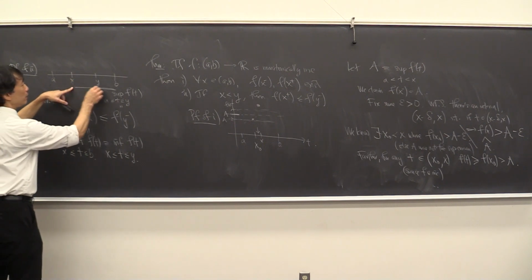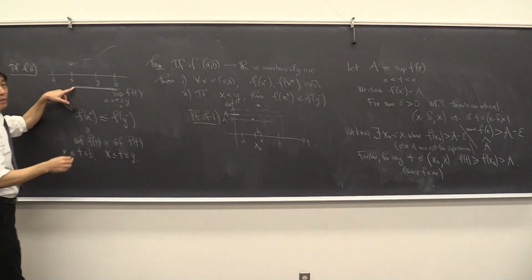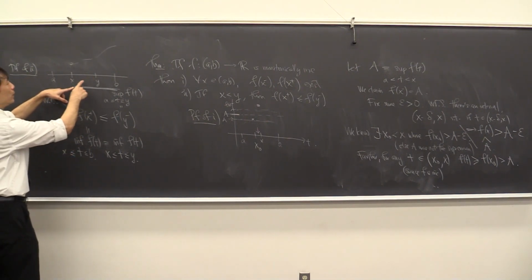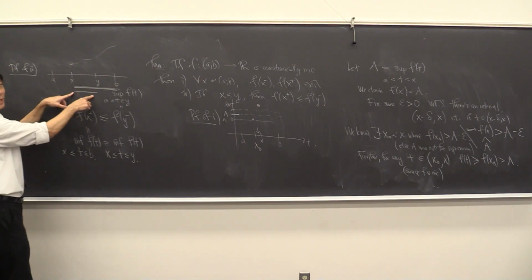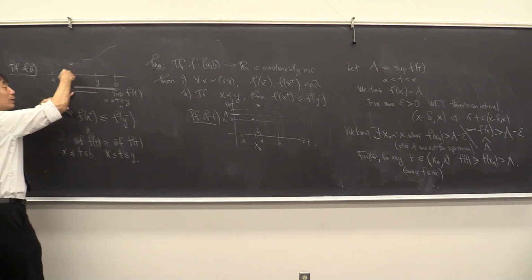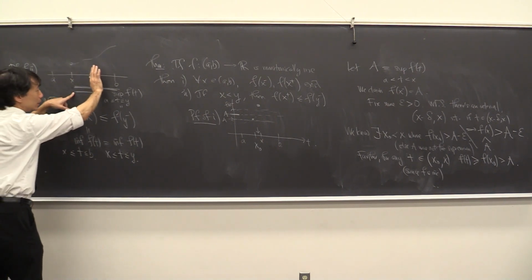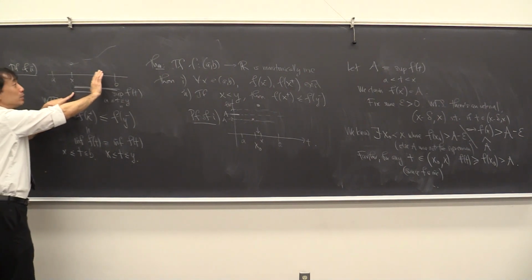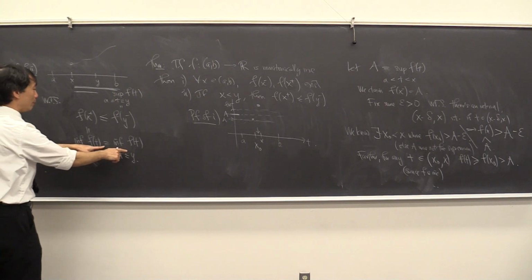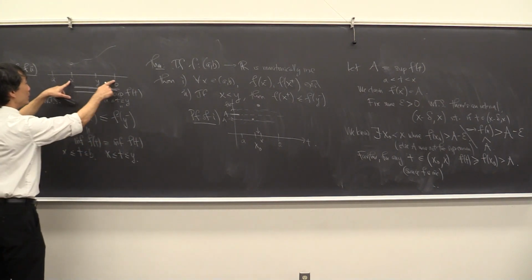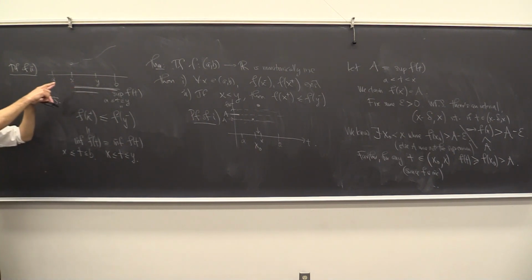So I'm saying that instead of taking the infimum over this thing, so our function is decreasing, if we're looking at the infimum over this thing, it's the same thing as the infimum over this thing, because our function is decreasing as we approach from the right-hand side. So we don't need to consider this part. This part is bigger than this part. So the infimum over this thing is the same thing as the infimum over this thing.